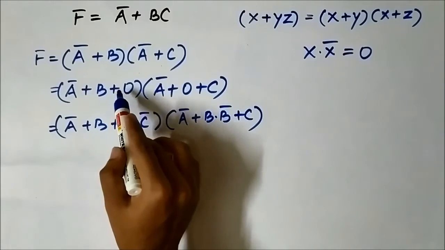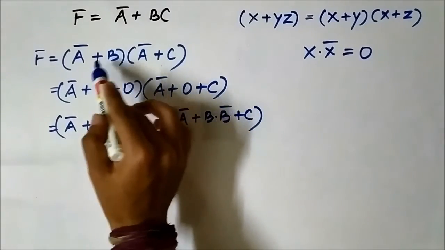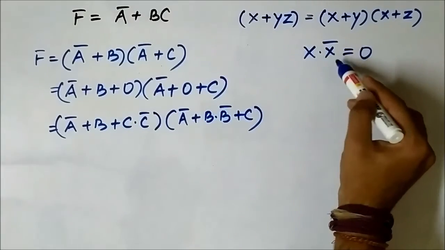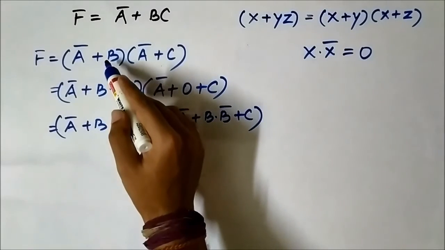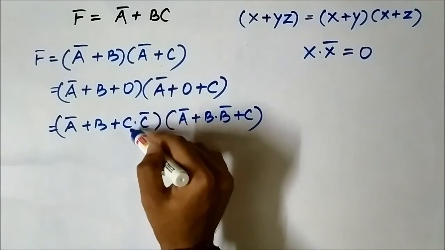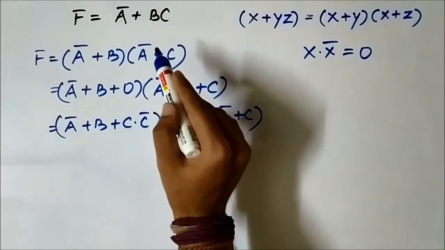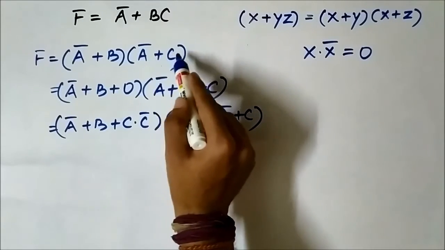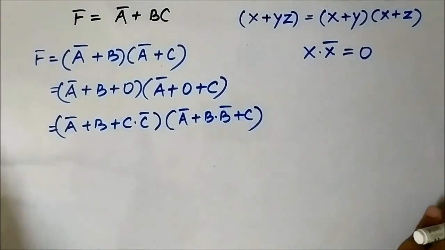Then we deliberately added zeros and manipulated this expression and converted it into this form. Then we used this Boolean identity to insert the missing variable. See here, the missing variable was C, so we inserted C in this way. Here the missing variable was B; A and C were present, B was absent, so we inserted B in this way.